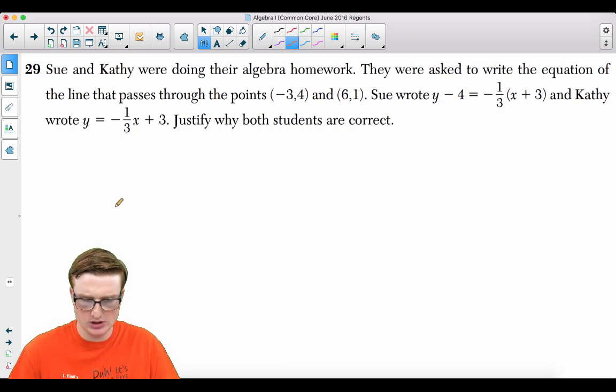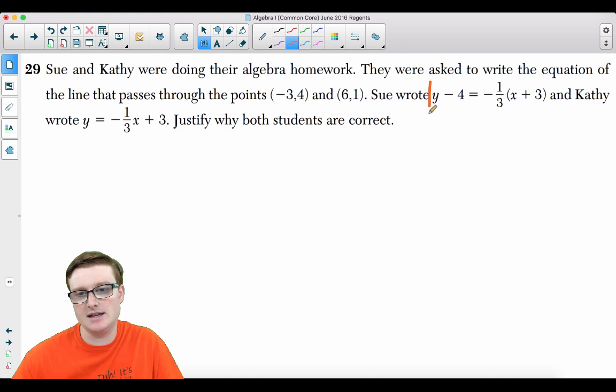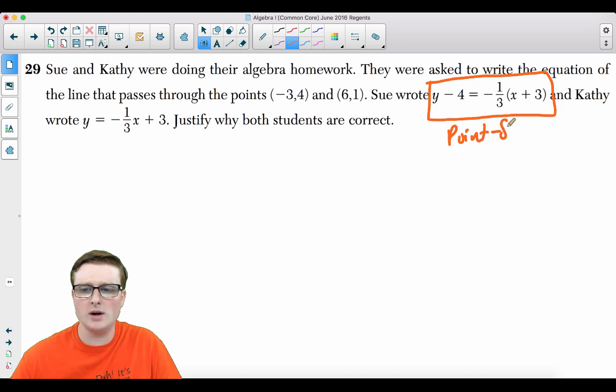Justify why both students are correct. So, ladies and gentlemen, this might be a form that you might not be familiar with. This is called point-slope form. And if you don't know it, don't worry. You probably didn't learn it this year. This is really taught in geometry, which you'll see next year. But we'll just talk about it now.